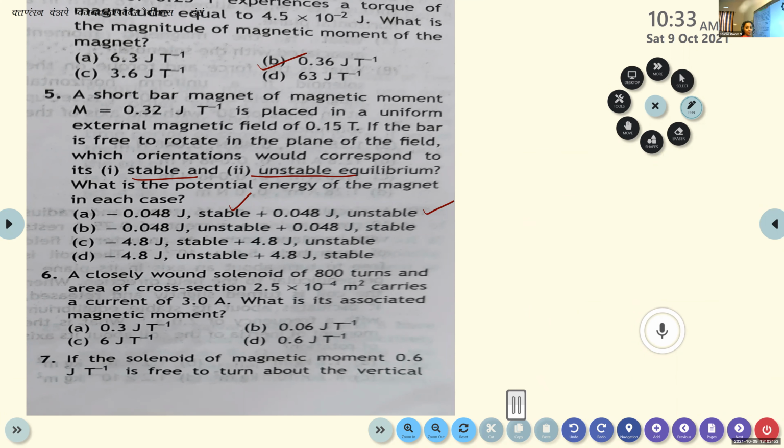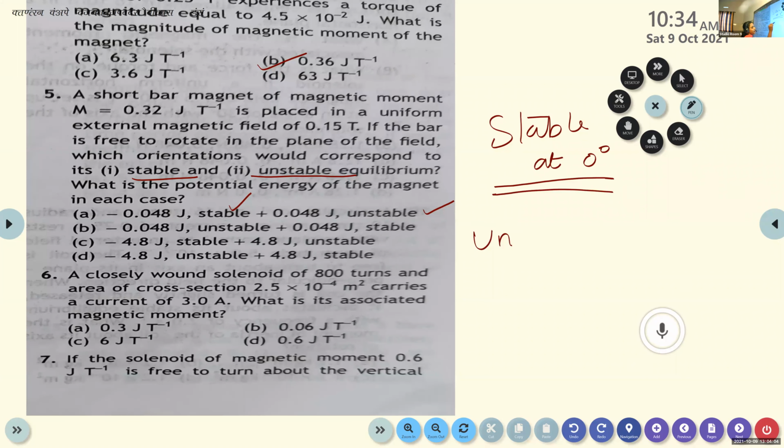Yes, it is stable at 0 degree, not at pi by 2. It is stable at 0 degree and unstable at 180 degree, whenever the rotation is between theta 1 and theta 2.